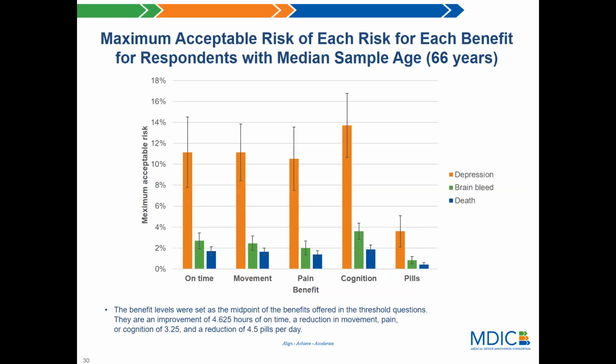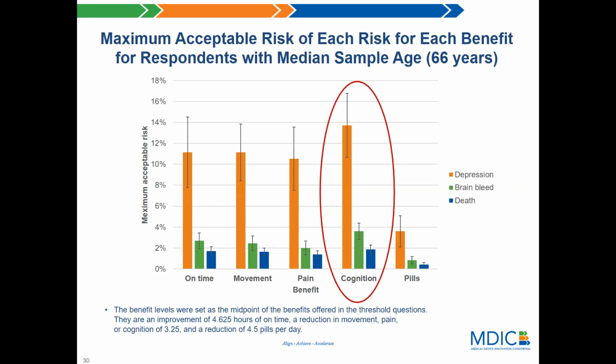Then we get to look at how this varies across the different benefits, and we see kind of what we expected to see. What stood out here was that improvements in cognition tended to have higher risk tolerance than for the other benefits.